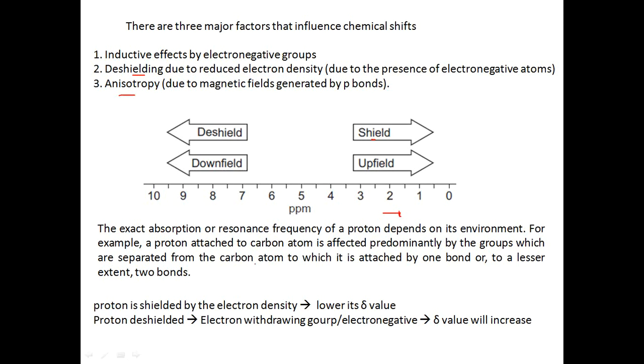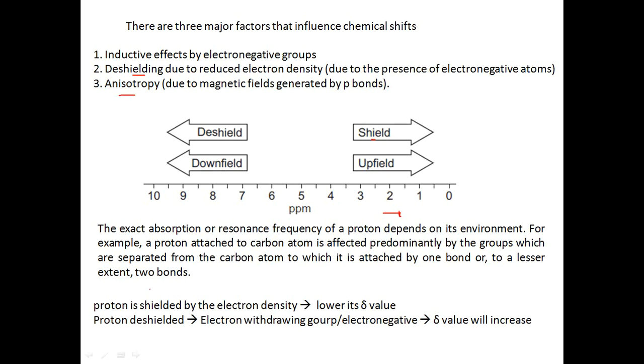So what is this shielding and deshielding concept? When a proton is present in a different chemical environment, the electronic environment of that proton also influences it. If a nucleus is totally surrounded by an electronic cloud, it will interfere with the nuclear spin interaction with the external magnetic field, because the electron itself is also a tiny magnet.